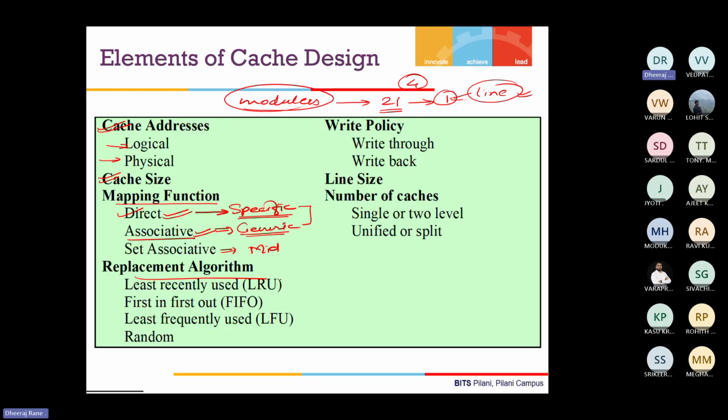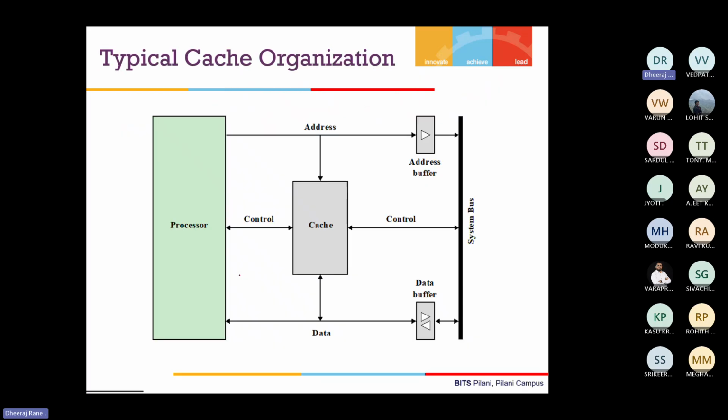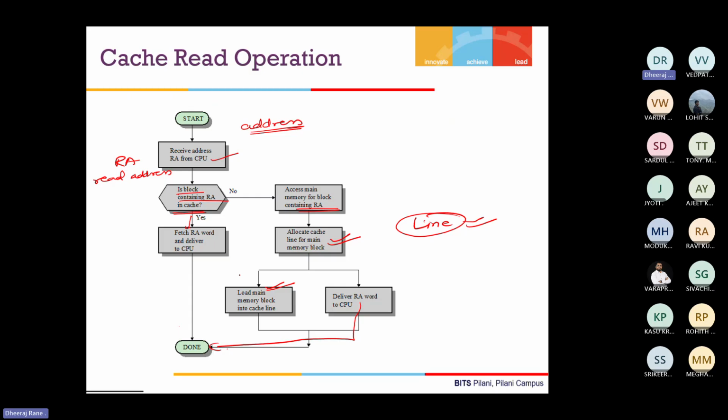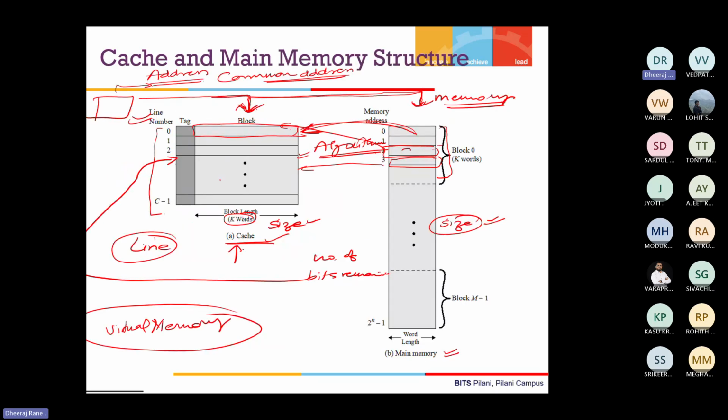Okay, replacement. We need to replace the pages within cache because, say, the whole cache is full, all valid pages are there within the cache, the blocks are full, and ultimately there is some new memory address generated by the processor which is to be brought into the cache.